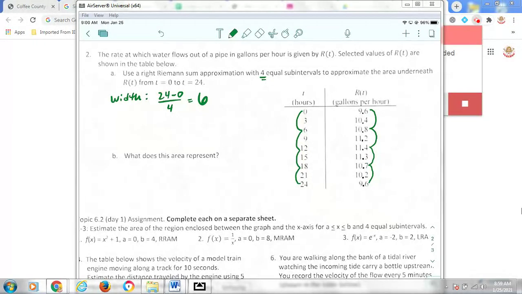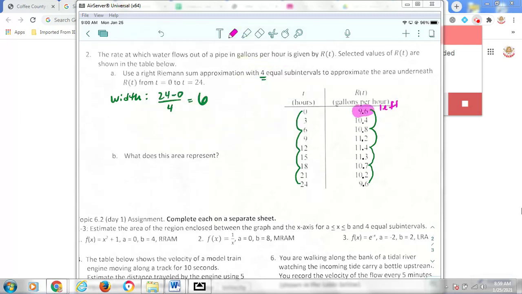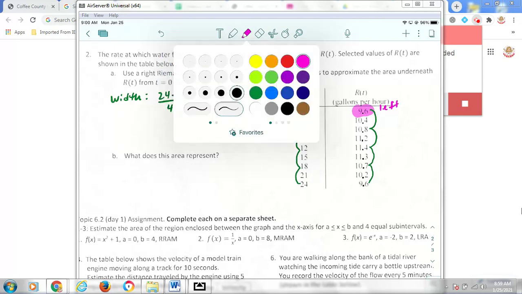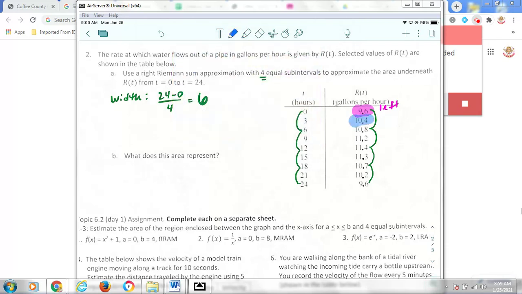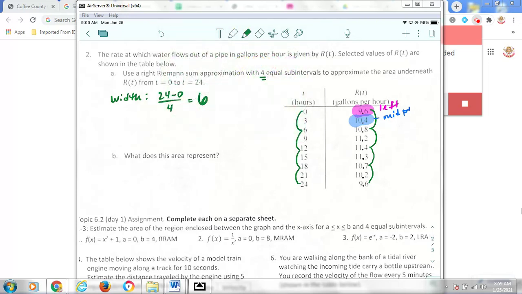So technically, this would be the left, this would be the middle or the midpoint, and this would be the right in each one of our different sections.